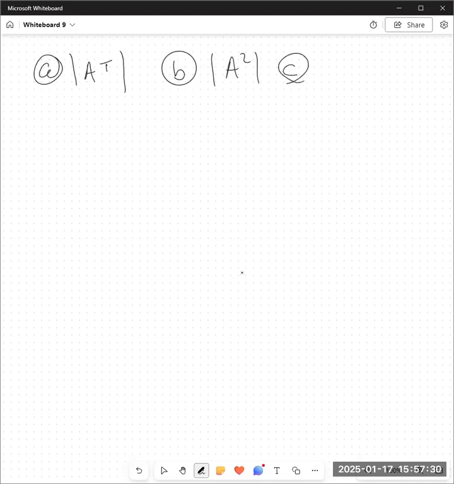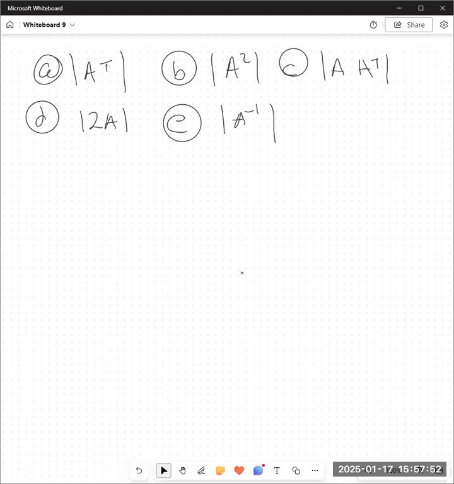Part C asks me to find the determinant of A times A transpose. Part D asks me to find the determinant of 2A, and part E asks me to find the determinant of A inverse.